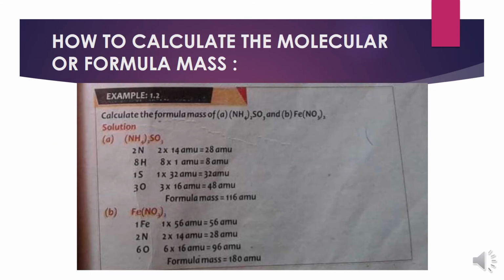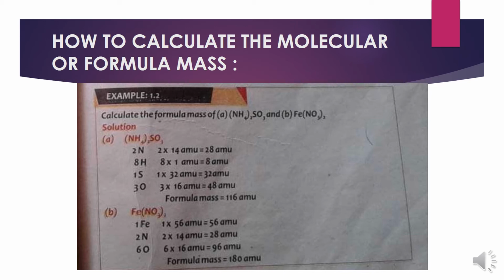Okay, how to calculate the molecular mass or formula mass? Here it is example 1.2 in your book, page number 24. Calculate the formula mass of (NH4)2SO3. And second one is Fe(NO3)2.